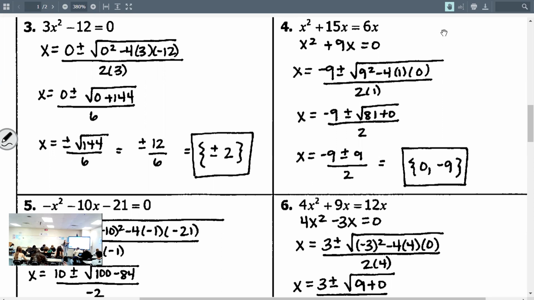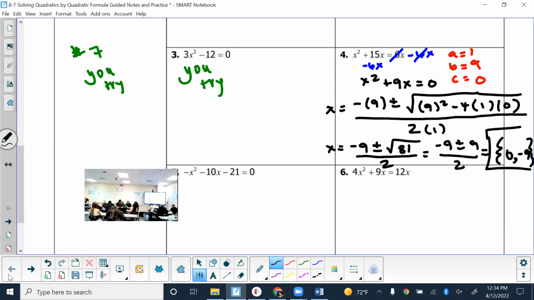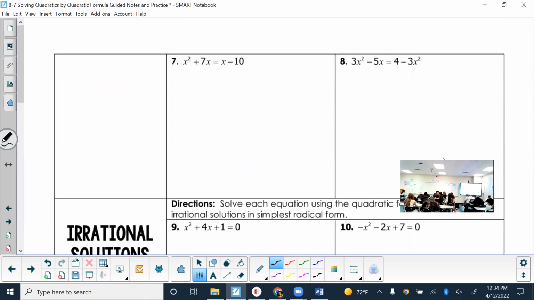All right, 7 I'll do with you because that one should have been a little weird. The correct answer for number 7 is no solutions. But first let's set it equal to 0. How do you set this one equal to 0?